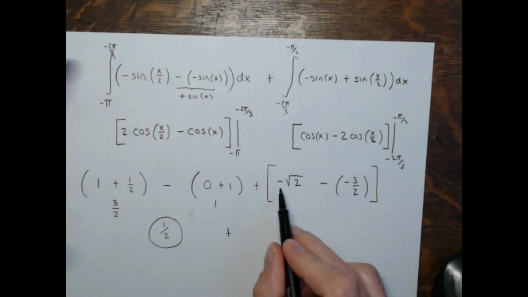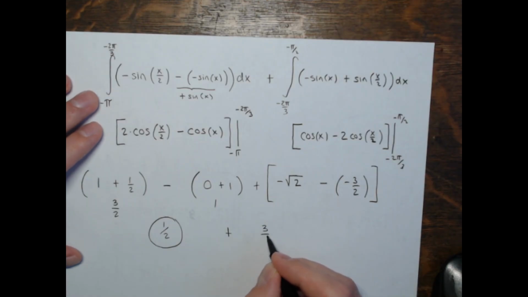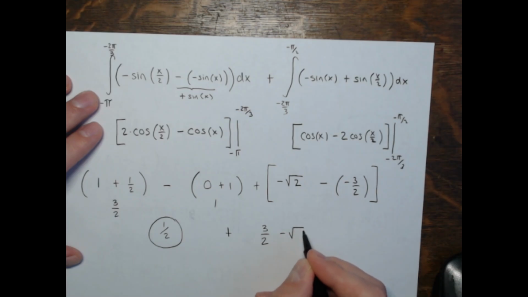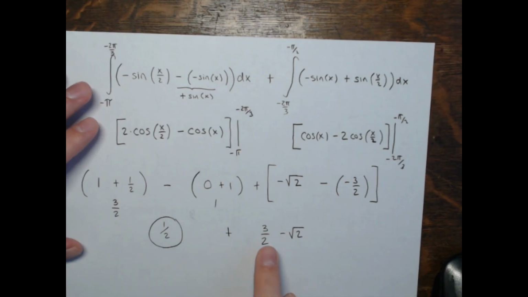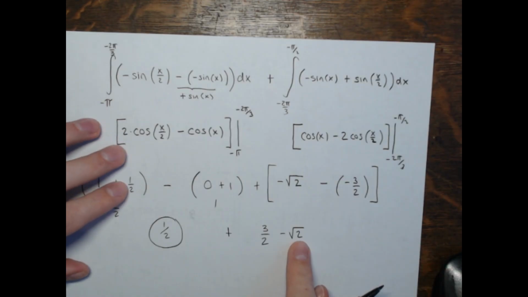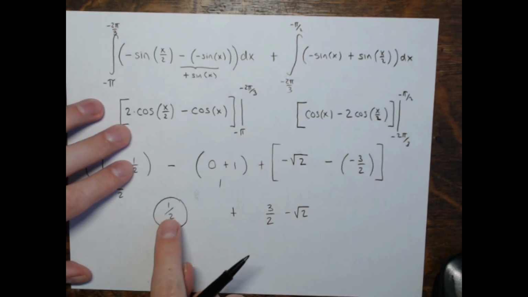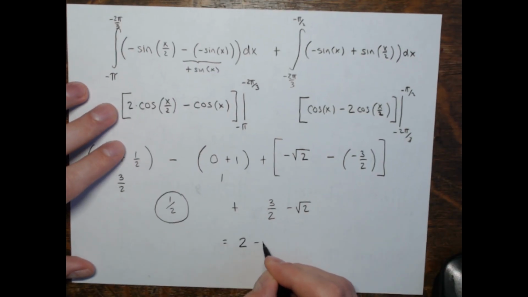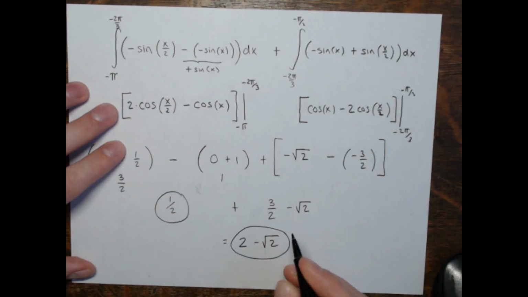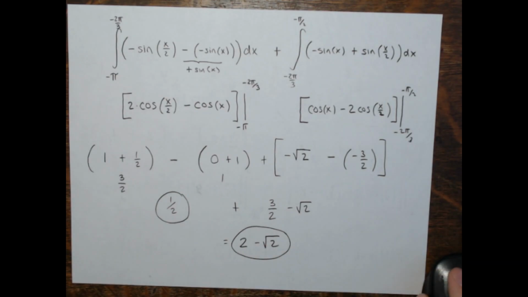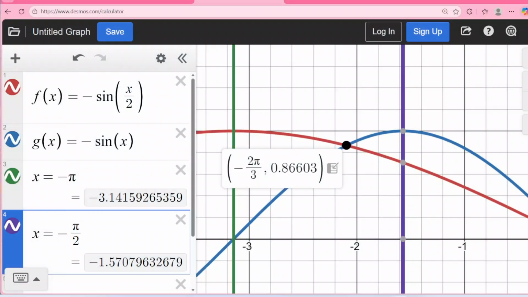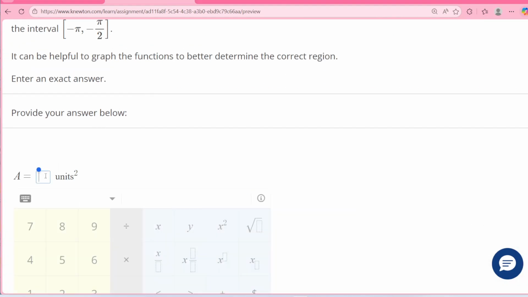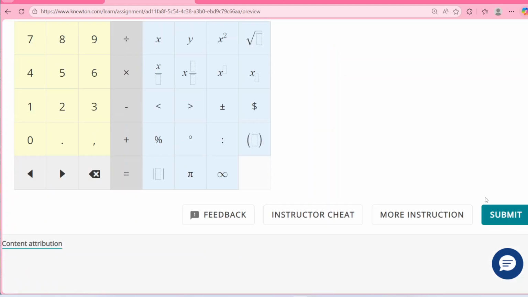And that'll be positive 3 halves minus the square root of 2, which is positive, right? This is 1.5, this is about 1.4 something. And then putting these together, 1 half plus 3 halves, well, that's 4 halves, that's 2. Altogether, this is 2 minus the square root of 2 when you put them both together. So back in the problem. So the area in question, 2 minus square root of 2.